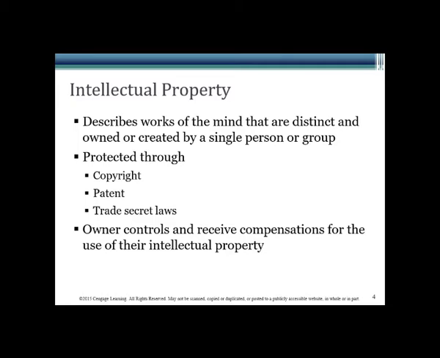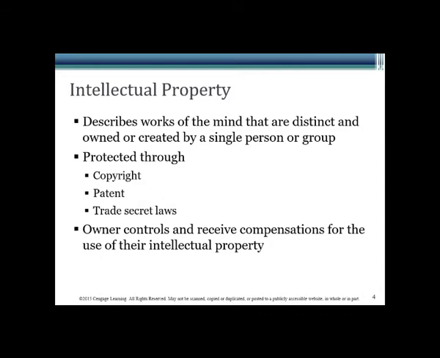Intellectual property. Intellectual property is a term used to describe works of the mind, such as art, books, films, formulas, inventions, music, and processes that are distinct and owned or created by a single person or group.